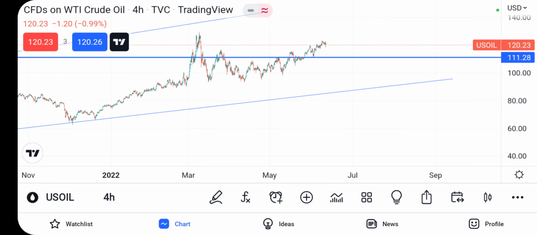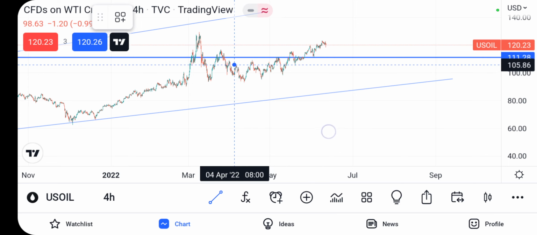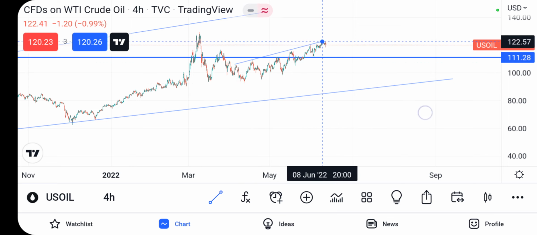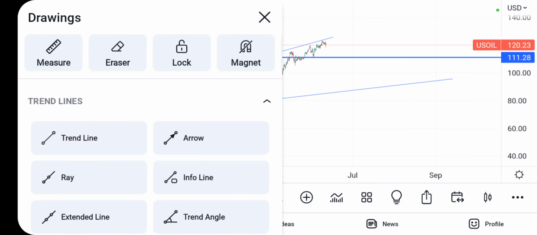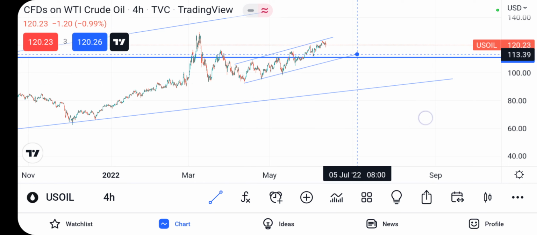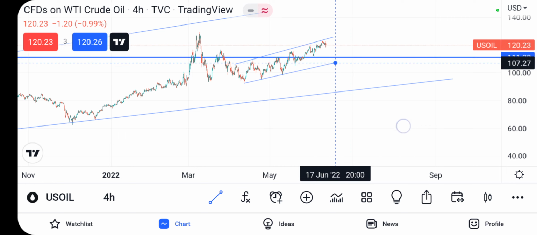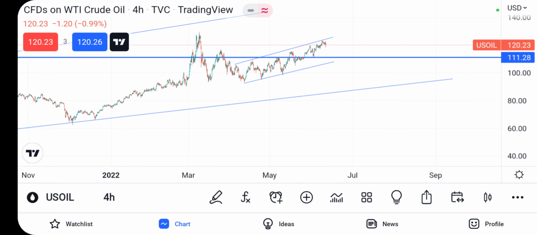Let me just do this so that other people will understand. This one I'm only looking for the sell opportunities. I'm not looking for a buy. If oil does something like a buy setup, I'm not interested in that one.